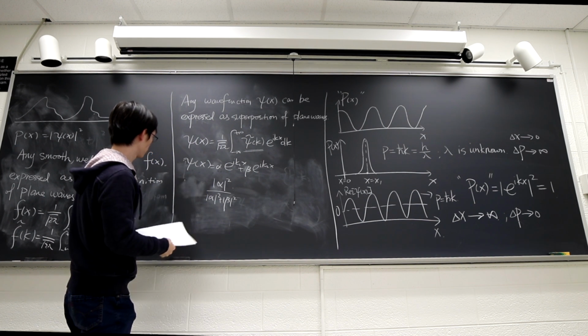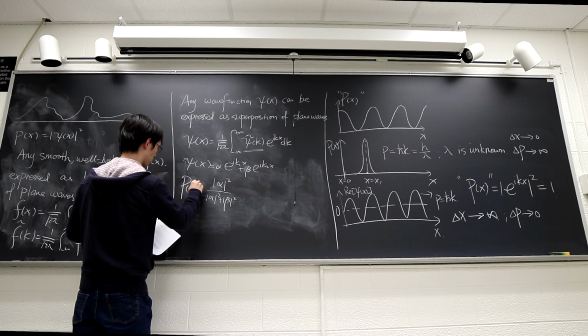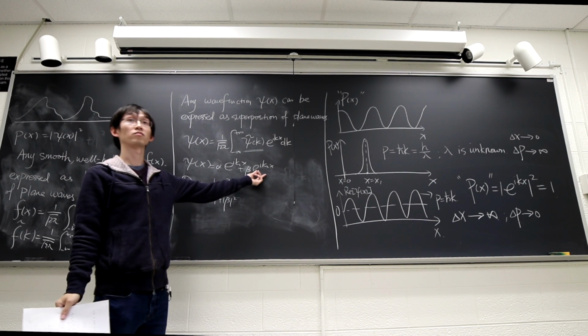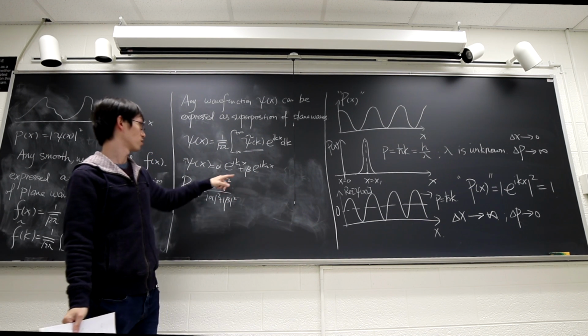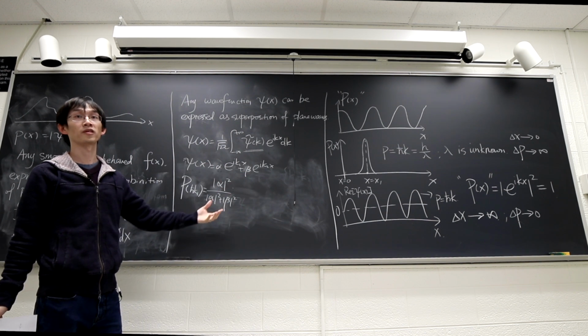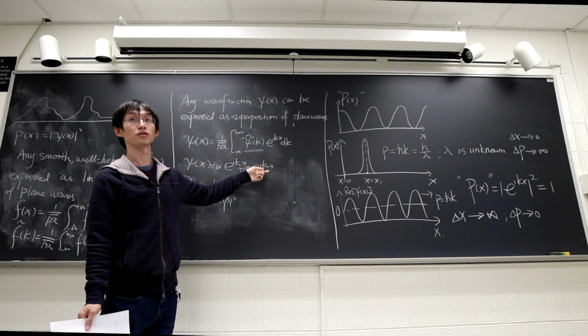The same applies to the second component: you just substitute alpha with beta, and that's the probability of measuring momentum h bar k2.